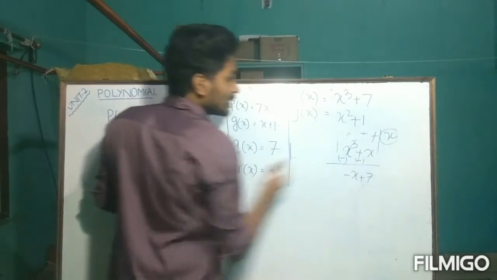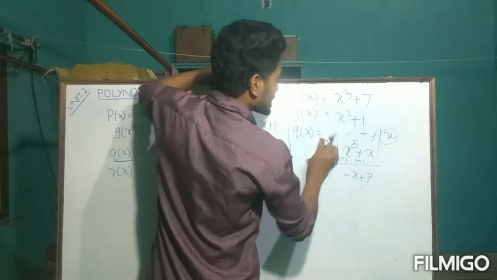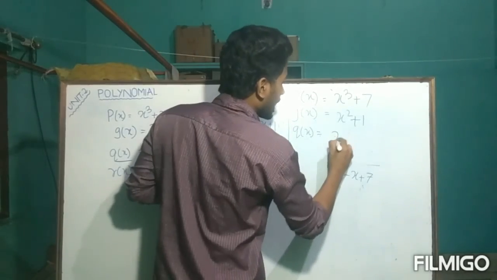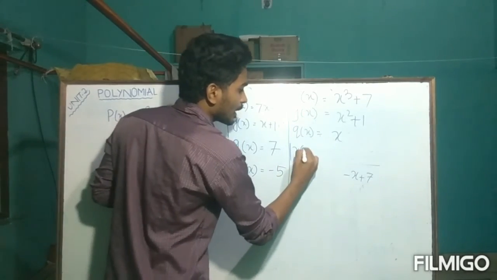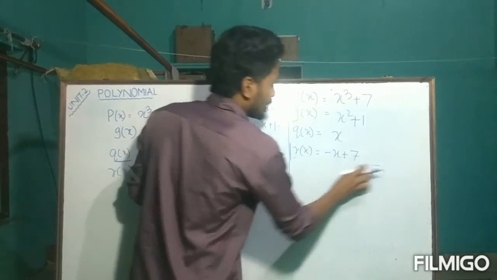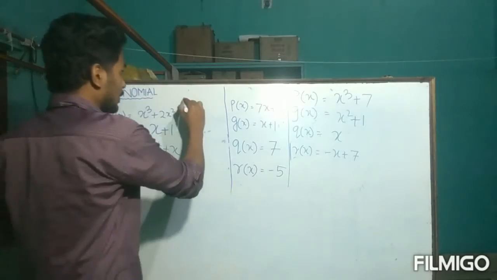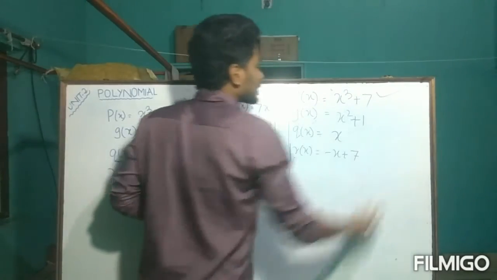Now this is the quotient. So q of x is how much? x, okay, and this is the remainder. r of x is equal to minus x plus 7. So now we have to compare all these 3 cases. This is the first case, second case and third case.